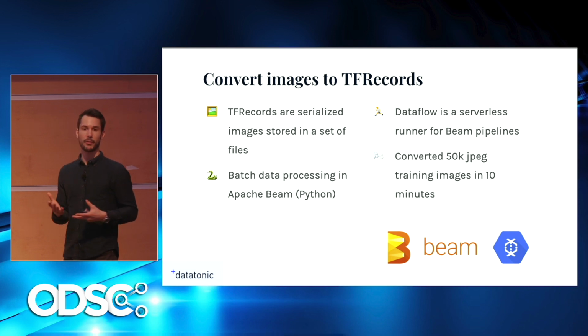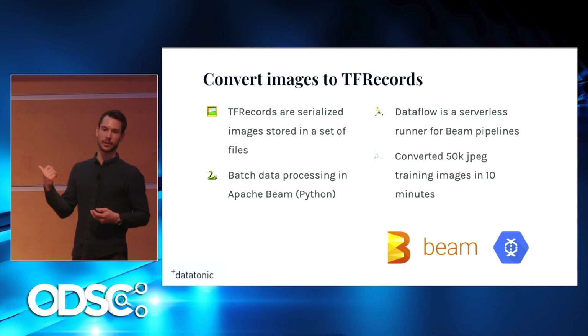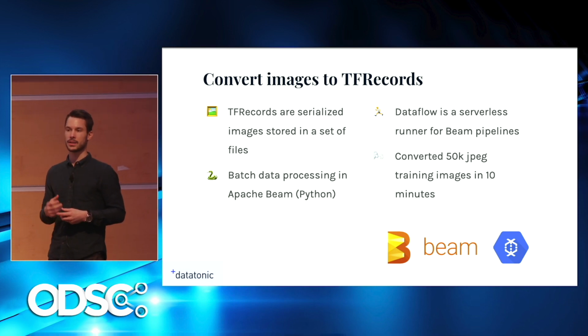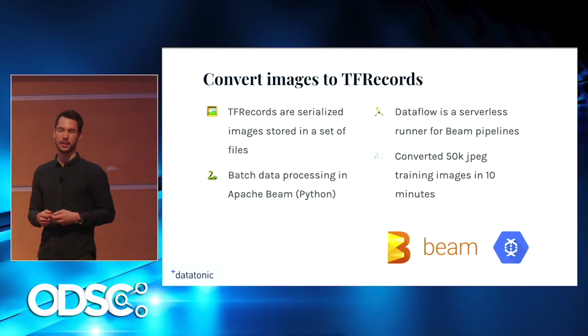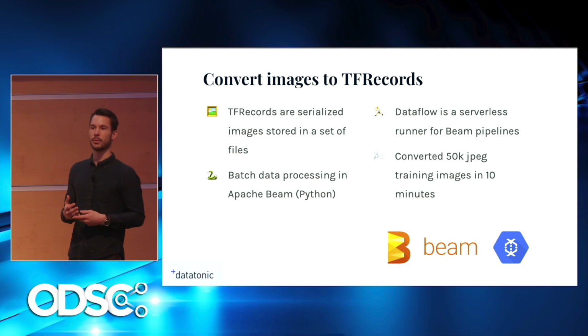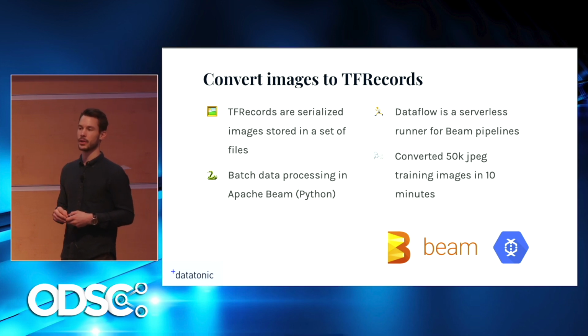You can also chunk up files, so having hundreds of thousands of files in remote storage, like S3 or Google Cloud Storage, can add a lot of overhead and slow down your training massively. So by converting to TFRecords, you can chunk up a lot of images into serialized files that are hundreds of megs large, which is much more optimized to deal with object storage through the throughput they have at this file size.